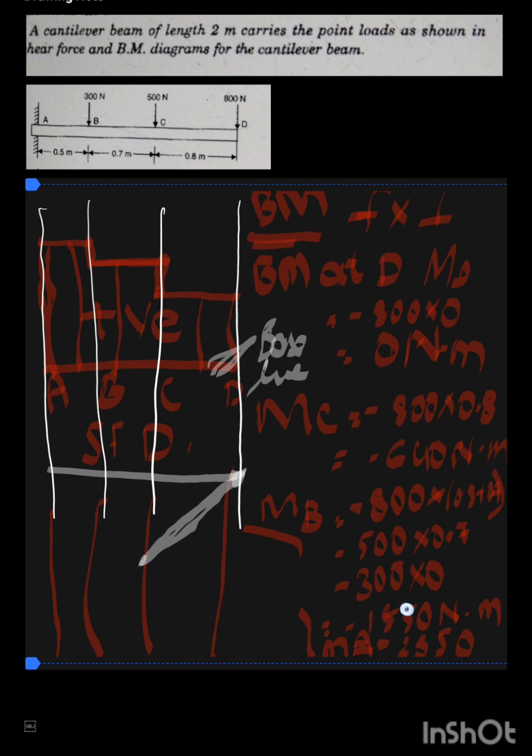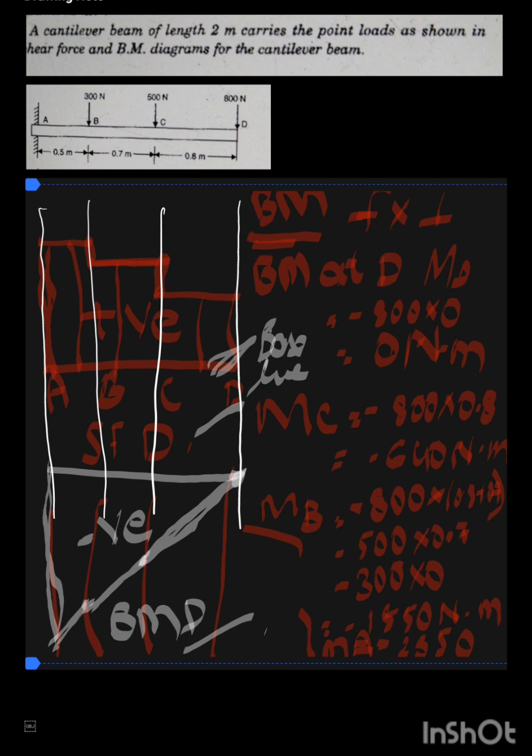Next, the moment at B is minus 1550, so we draw an inclined straight line, and at A it joins like this, and this is negative. This is the bending moment diagram. While point loads or concentrated loads are acting, this is the shear force diagram and this is the bending moment diagram.